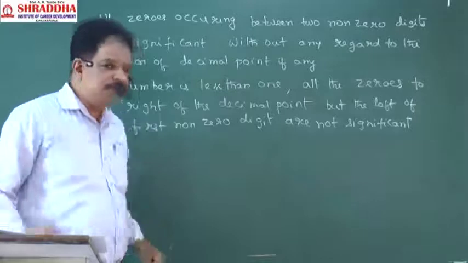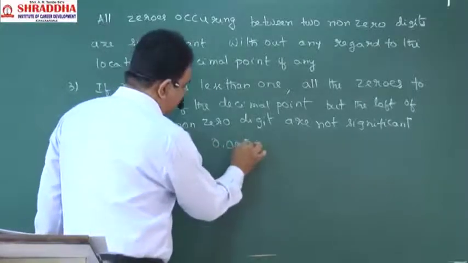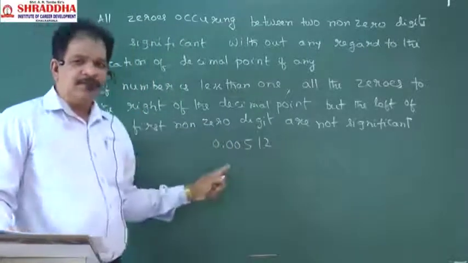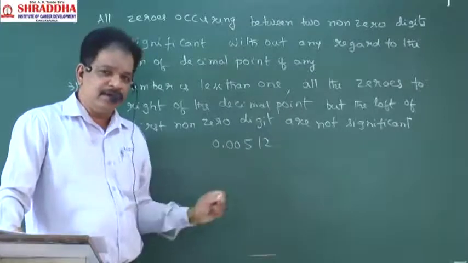For example, if you take 0.00512, this number is positive but it is less than 1. Clear?